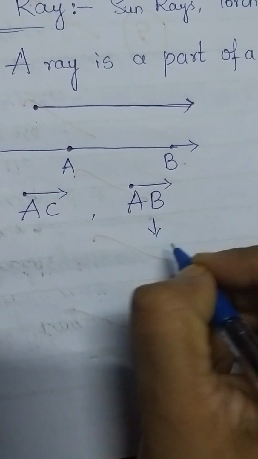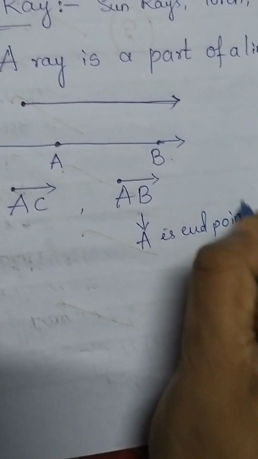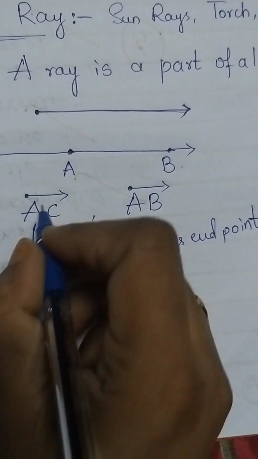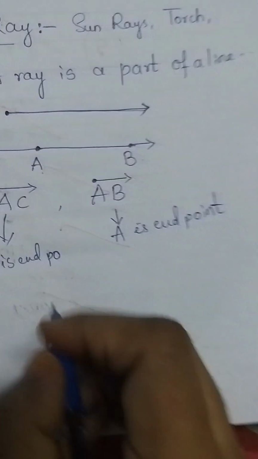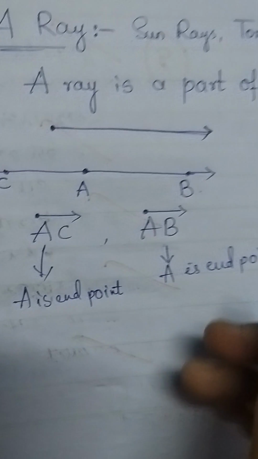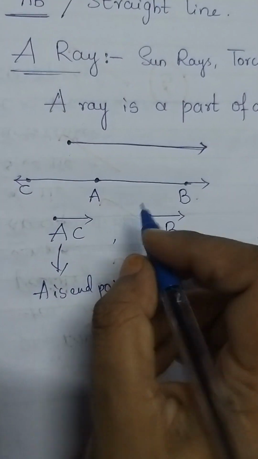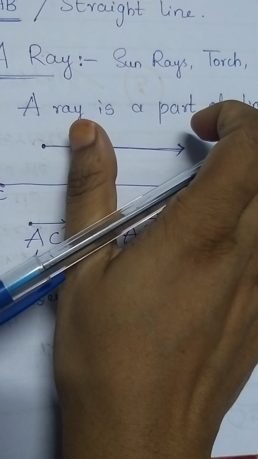Okay, A is the only end point here. Only one end point in a ray, and A is the end point here. A ray consists of only one end point, children. Please remember that in a ray we have only one end point.